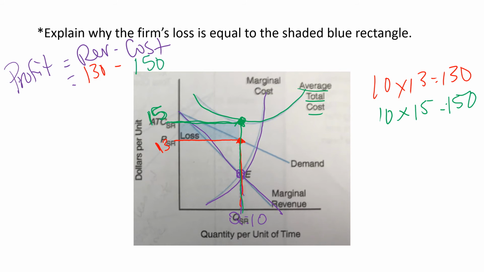So we're bringing in 130, and it's costing us 150. So our loss is going to be $20, which is 15 minus 13. So this is 2 times 10, and that's $20 inside of there. So that's how you figure out the profit and the loss and the profit maximizing point of a monopolistic curve. Okay, that should help you with a couple of problems on your notes.